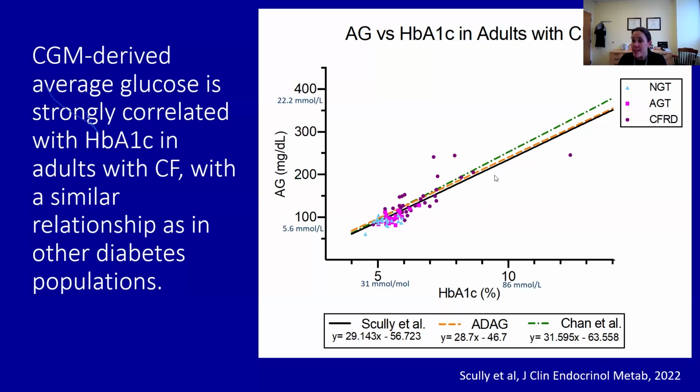So what this data tells us is that A1C is strongly correlated with average glucose. It doesn't underestimate glycemia in people with CF, and it does so similarly as in other diabetes populations. But that does not mean that A1C is a good screening test for CFRD, and I want to show you why.